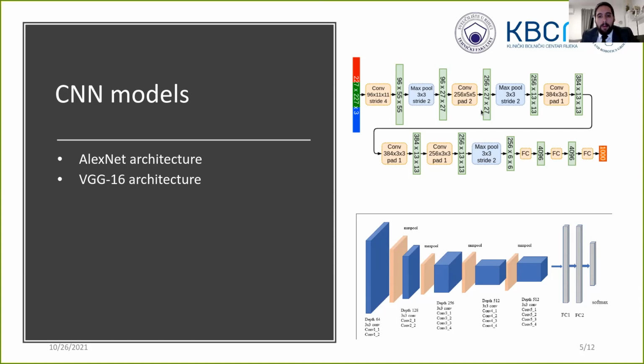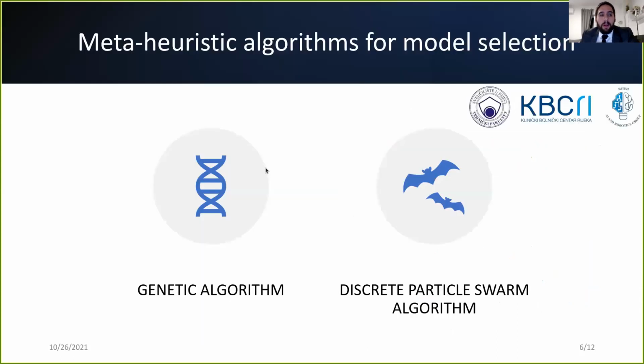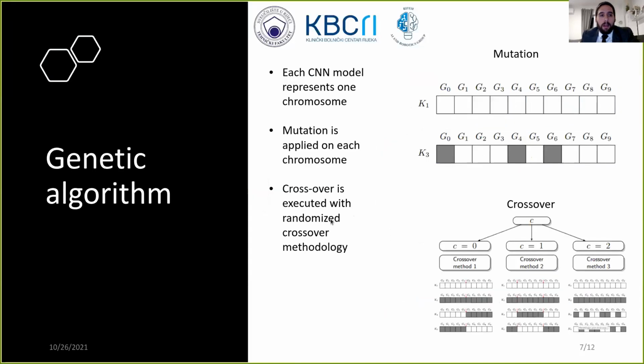The hyperparameters of these two CNN architectures will be defined by using two multi-objective meta-heuristic algorithms for model selection. These are genetic algorithm and discrete particle swarm algorithm. Genetic algorithm represents a pretty much standard evolutionary algorithm that is based on two main variation procedures.